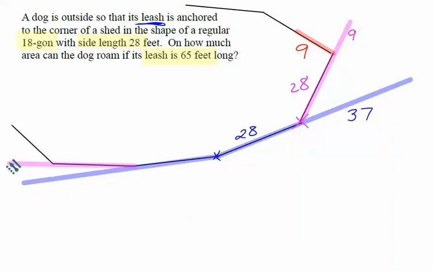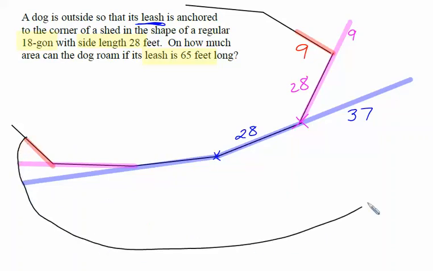Of course, on any graded item, your picture has to be accurate or reasonably accurate for points to be awarded in their entirety. Now picture the dog walking around with its leash pulled tight as if it was going in a circle. It would be going in a circle as best it could, and that's what the picture would look like.